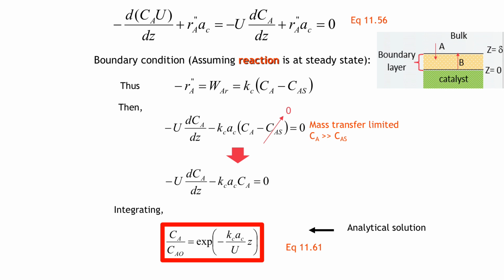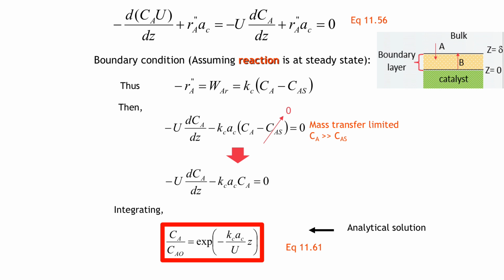Okay, so we can see from the equation that when designing the reactor where the reaction becomes mass transfer limited, it is not necessary to know the rate law.